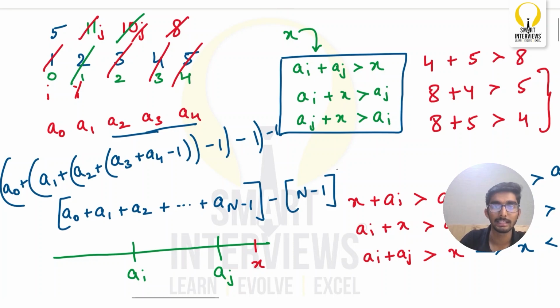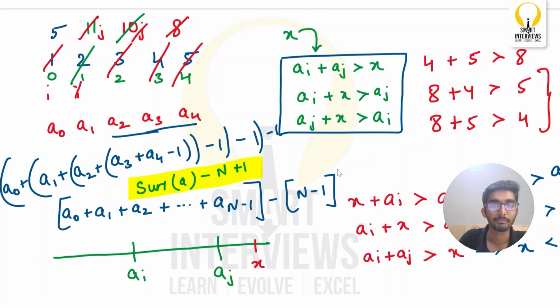So this is nothing but the sum of the array A. So the overall answer is the sum of the array A minus n plus 1.